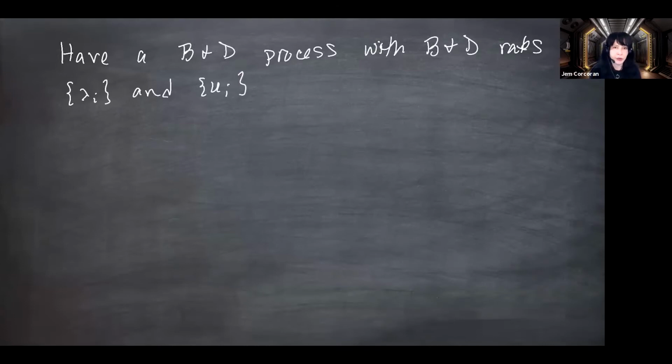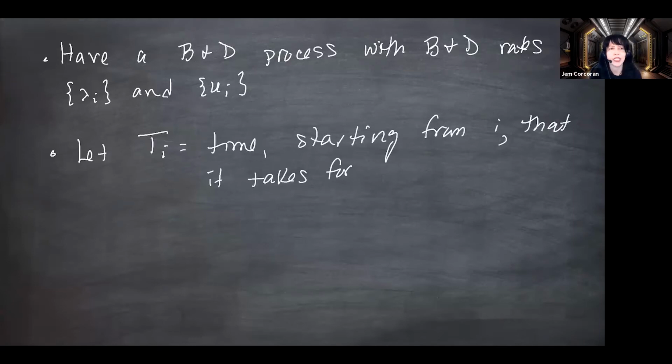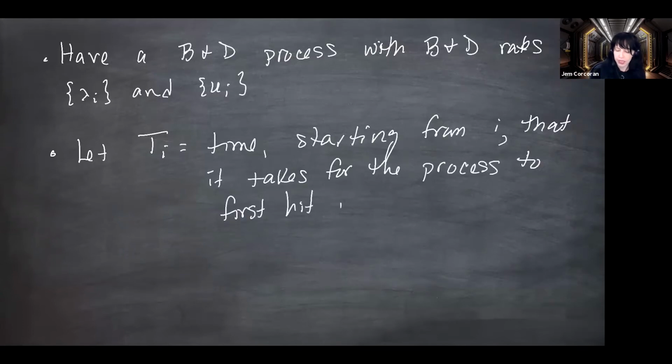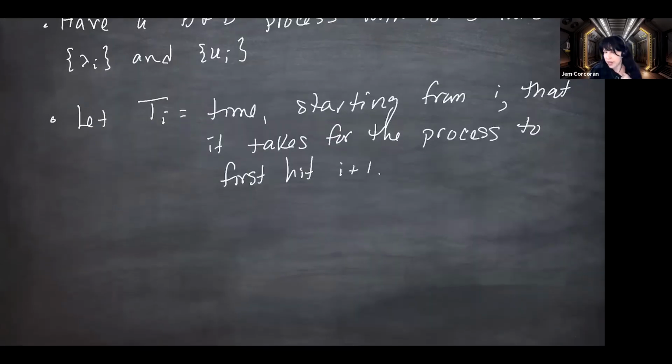You know what I mean, I hope. So I'm going to let Ti be the time, starting from state i, that it takes for the process to first enter state i plus 1.